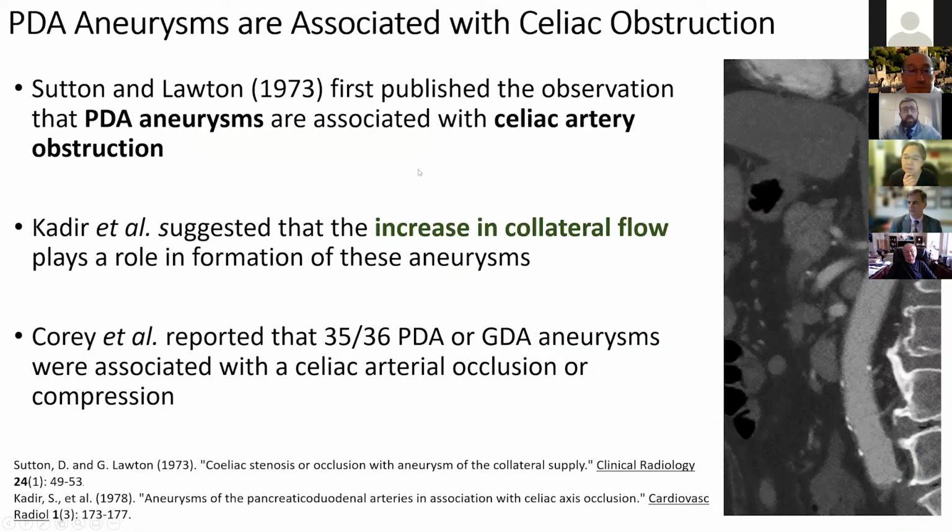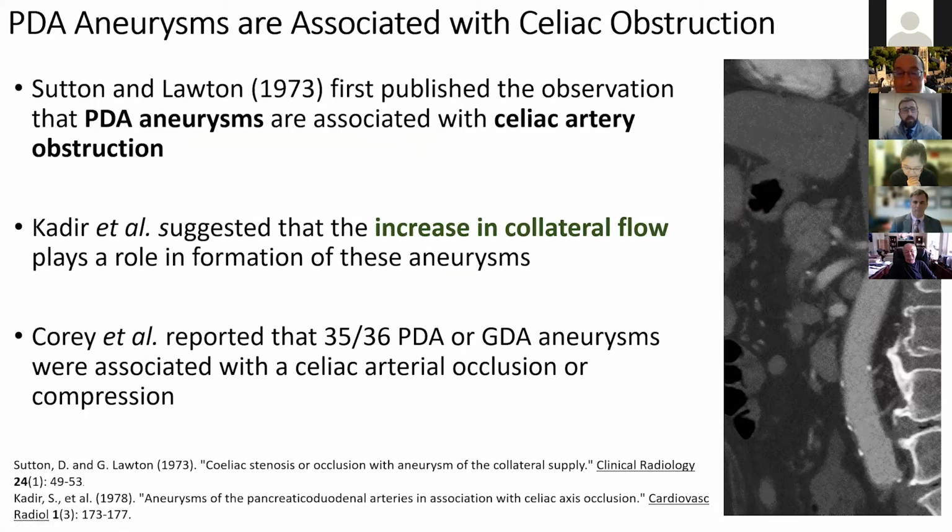So the reason I bring this up is because there are some clinical entities that are curiously associated with hemodynamic changes and in particular collateral arteries. And so I just wanted to throw out this idea.